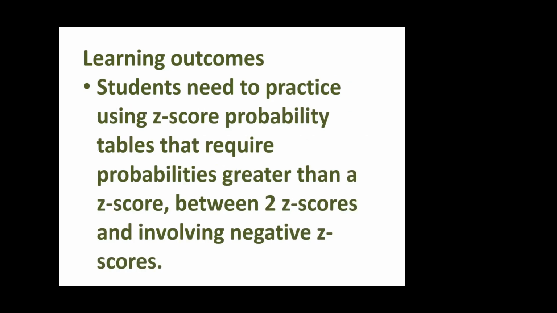They need to practice using the tables and working with things that require probabilities greater than a certain Z-score or between two Z-scores, and also involving negative Z-scores. So we need to change it up a bit, do a bit more practice with them, because if the exam committee looks at what's happened here, I would think that they will want to test again to see whether there's been improvements by students.